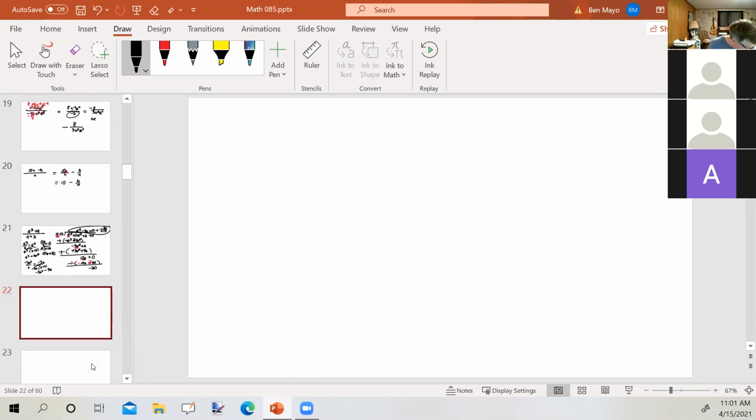Let's take, this is the other look-alike. So part A says 16x squared minus 16x minus 5 divided by 4x, okay?